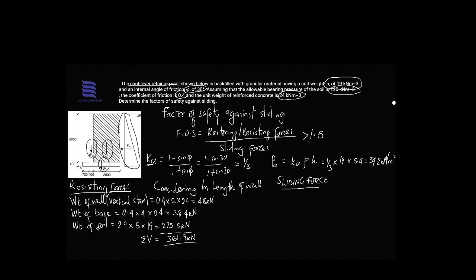So we'll have the horizontal. That's the only horizontal force acting in that direction, and that's the only force acting against the stability of our structure. So the sum of horizontal force now would be the area of the triangle, half.